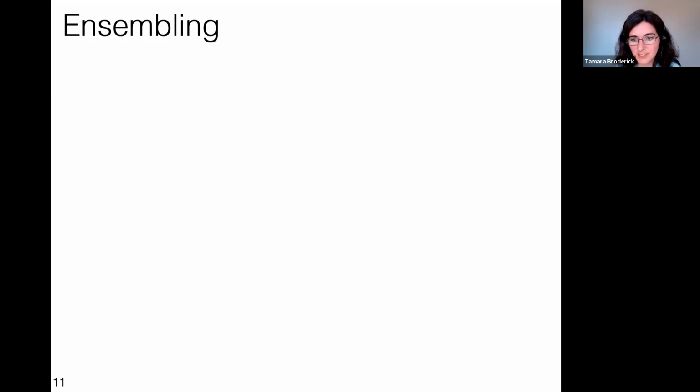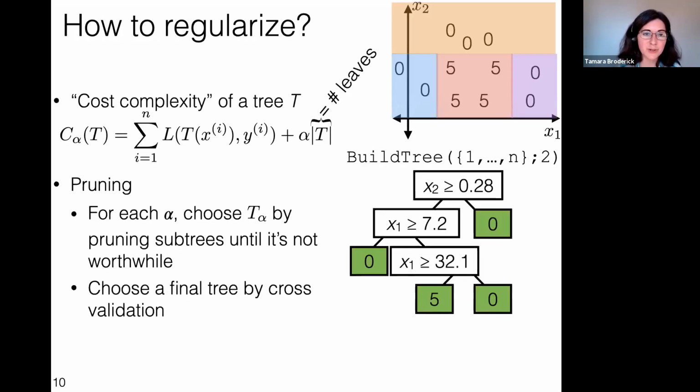Oh, before I move on, I'll just get this question from discourse. How do we choose the value k, or should we just make it pretty small to get a large tree and then prune? Basically, these are both great ideas. A typical thing that people might do is get their very large tree and then prune. In the pruning aspect, you don't have to care too much about k. You might still care about k from a computational perspective.